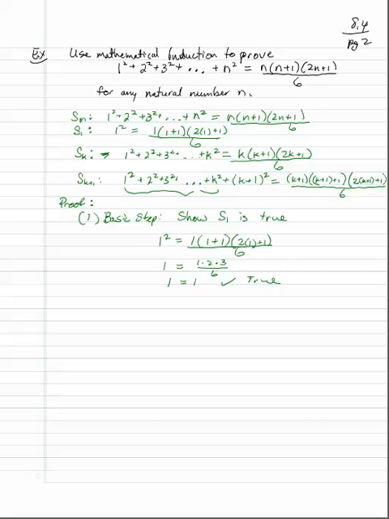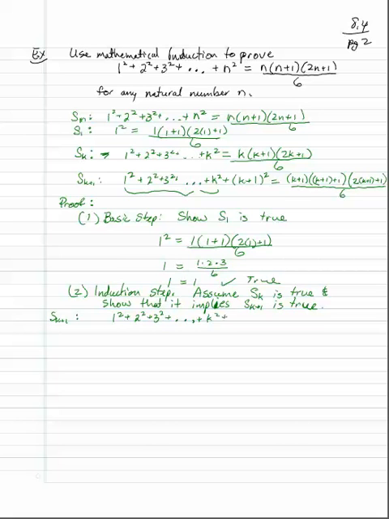Okay, now our second step, this is the induction step. We're going to assume S sub k is true and show that it implies S sub k plus 1. So we're assuming S sub k. I won't rewrite it since we wrote it up there. So I'm going to start with S sub k plus 1, which is 1 squared. You start with the left side and see if we can manipulate it algebraically to get the right side. 1 squared plus dot dot dot plus k squared plus k plus 1 squared.